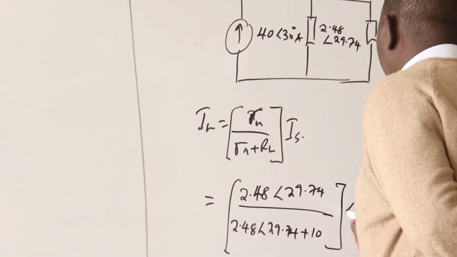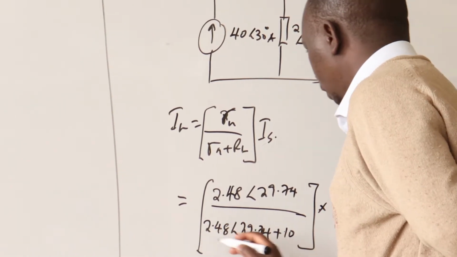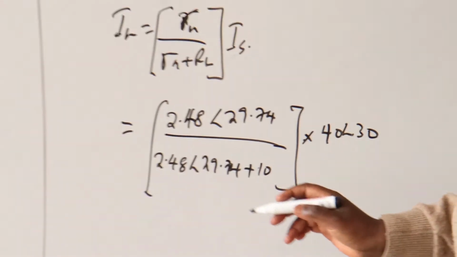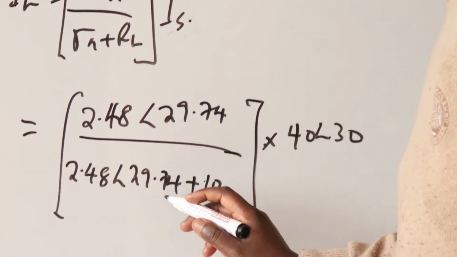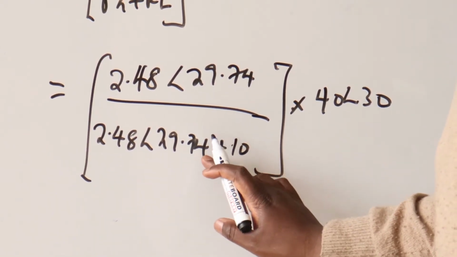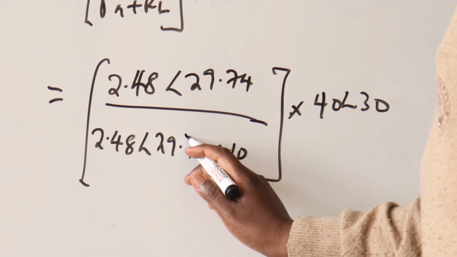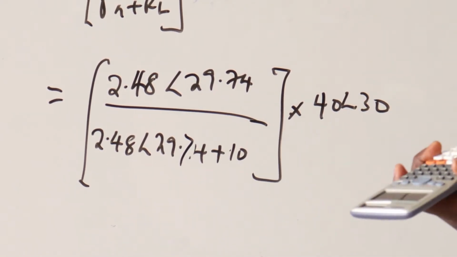This is multiplied by 40, the angle is 30. So we change all this into polar so that we are able to divide.